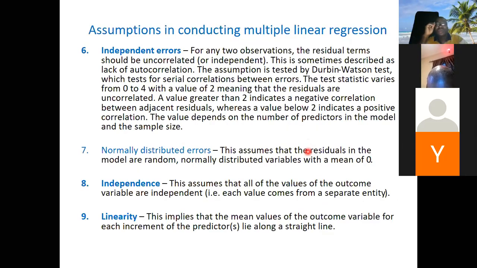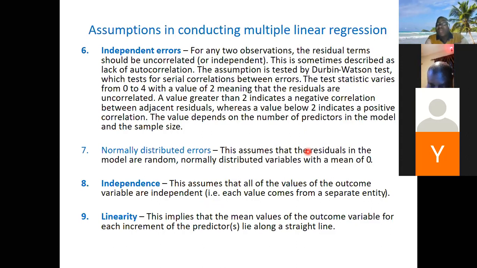Now, another assumption in conducting multiple linear regression: independent errors. For any two observations, the residual terms should be uncorrelated or independent. The residual terms for different subjects, that error, should not correlate. That's what they call autocorrelation; this is sometimes described as a lack of autocorrelation.